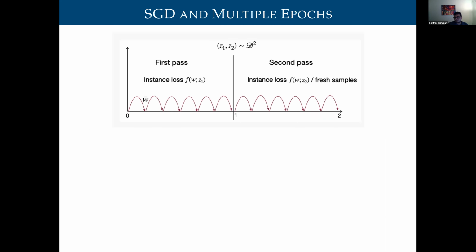There's going to be some component of this loss function that says the first epoch I run reveals some part of the training sample that's only revealed in the first epoch. When I reach the second epoch, I start getting a different view of the same training sample. So it's as if I'm getting fresh samples, and that's why you get the rate that you get at a high level.